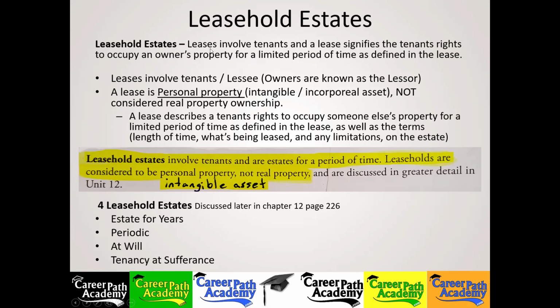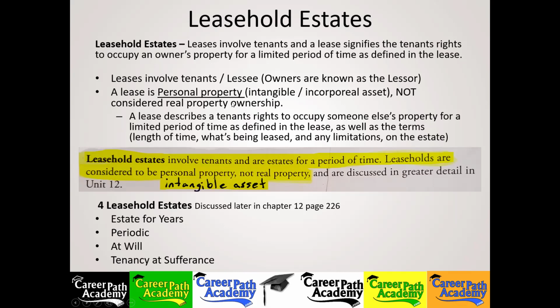Well, leasehold estates involve tenants, and a lease signifies the tenant's rights to occupy an owner's property for a limited period of time as defined in their lease. Leases involve tenants, who is the lessee, and the owner, who is the lessor, because they're the one that's giving the lease, and the tenant's called the lessee because they're the one that's getting the lease. Words that end in OR, words that end in EE, if you recall.